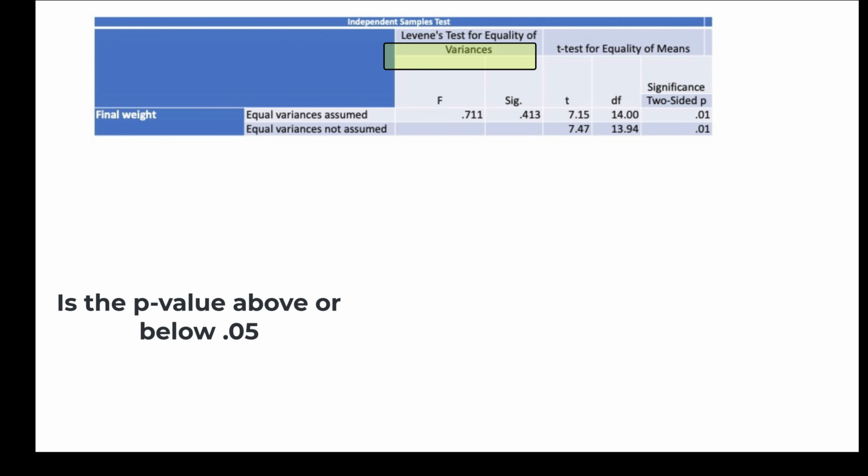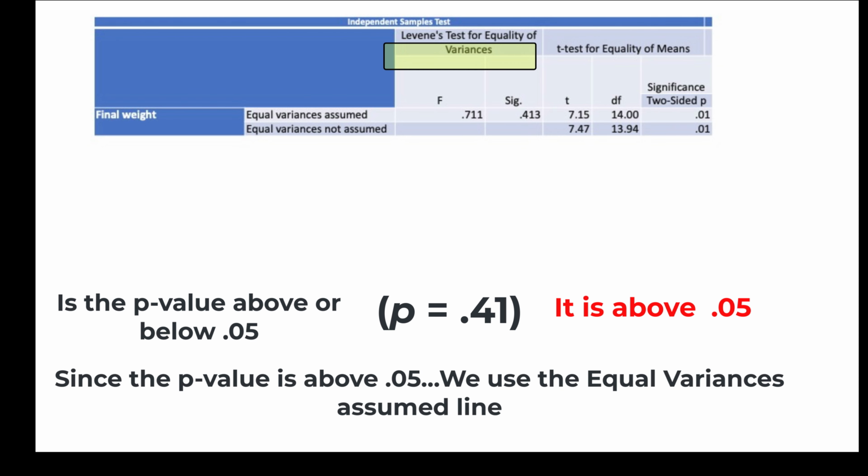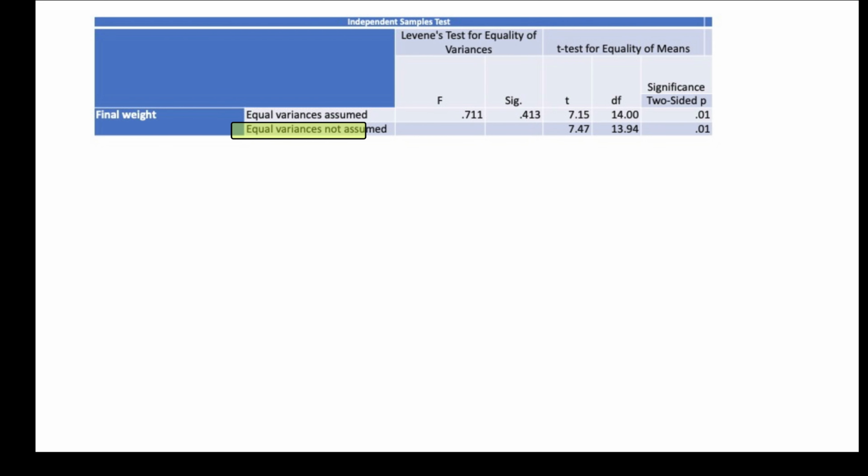So now the question is, is the p value above or below 0.05? Well, it is above at p equals 0.41. It is well above 0.05. Since the p value is above 0.05, we use the equal variance assumed, which is in that yellow box, the top line.